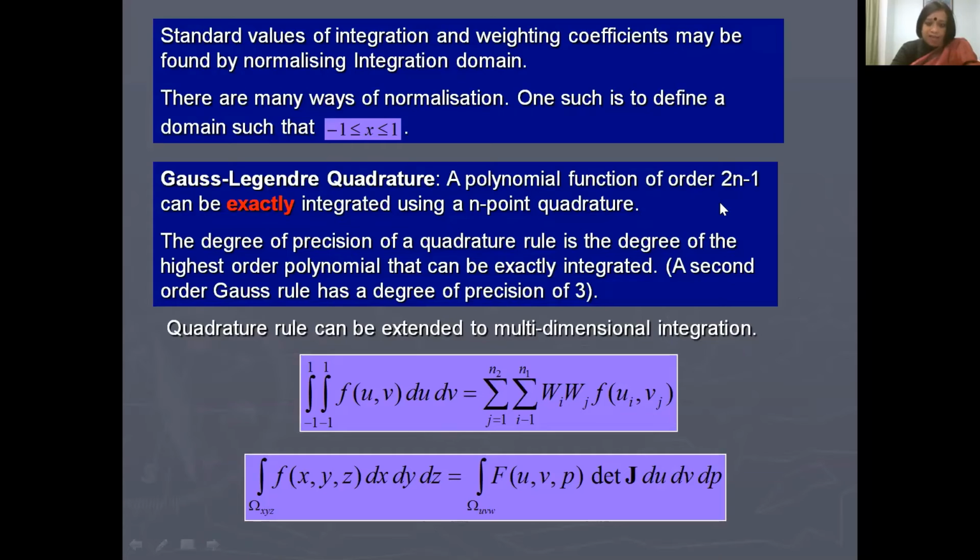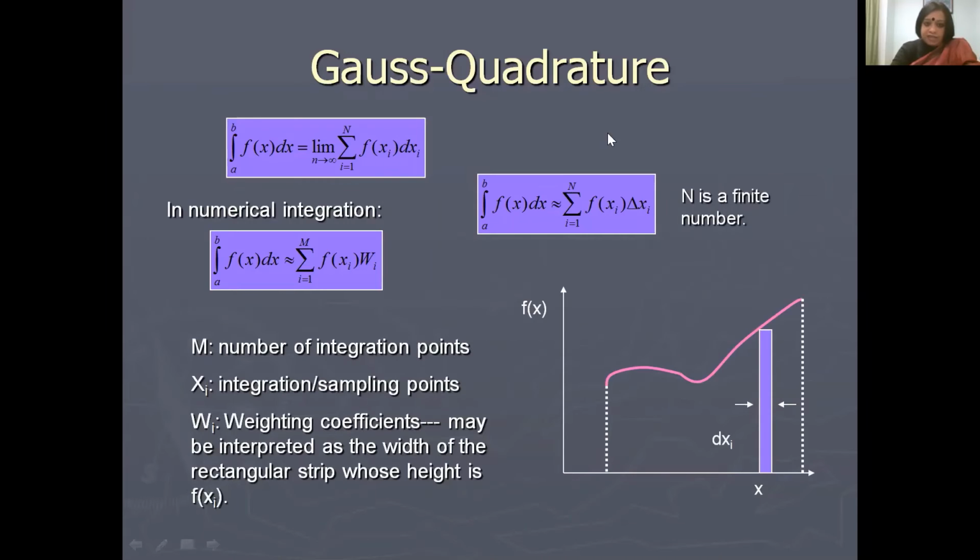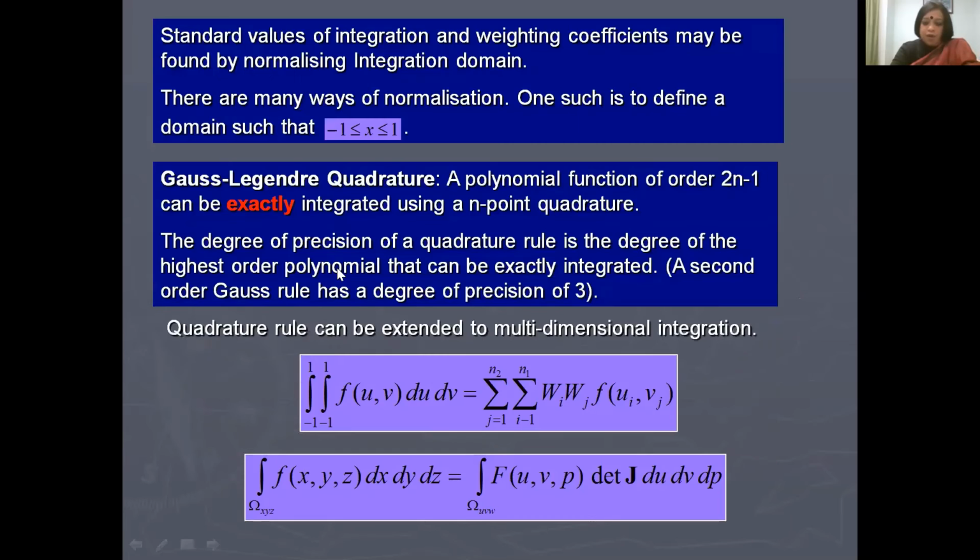When will you get that? If your f(x) is a polynomial of the order 2n minus 1. In that case, if you use an n-point quadrature, meaning m equal to n, you will be getting an exact value.